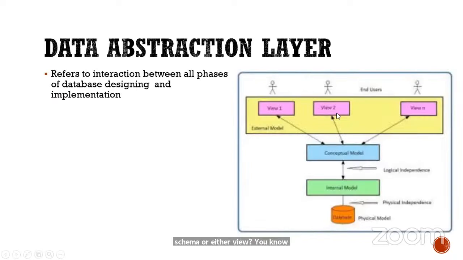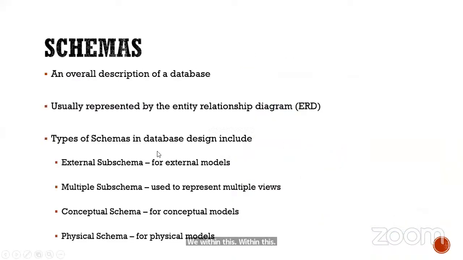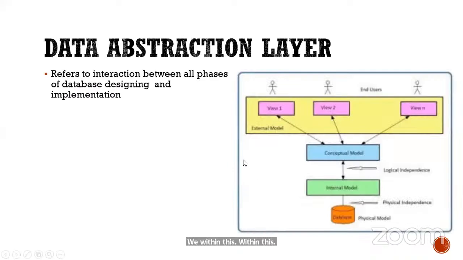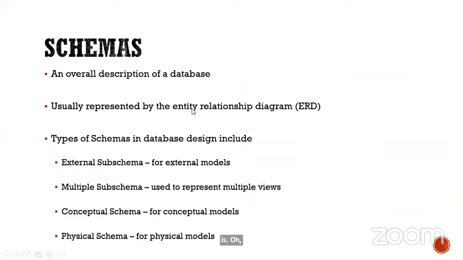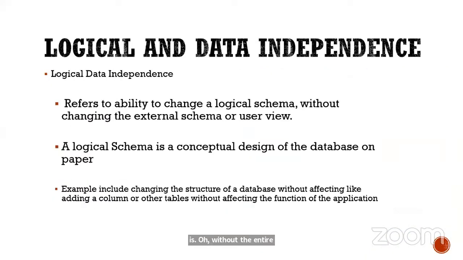Under logical independency, we can change this conceptual model without changing the way the user views the database. You can change so many things within this conceptual model without it affecting the functionality of the entire database. That's what we mean by logical data independency.